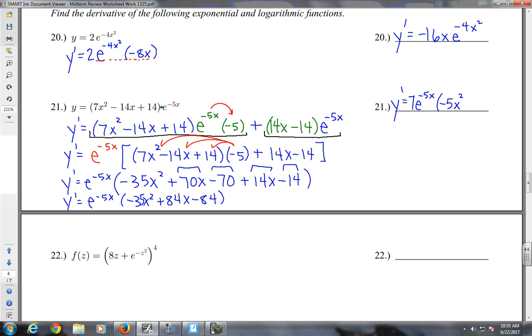Remember, I'm dividing each of those terms by 7. So we get negative 5x squared plus 84 divided by 7 is 12x, and then minus 12. So we have applied the product rule, and then simplified as far as possible.